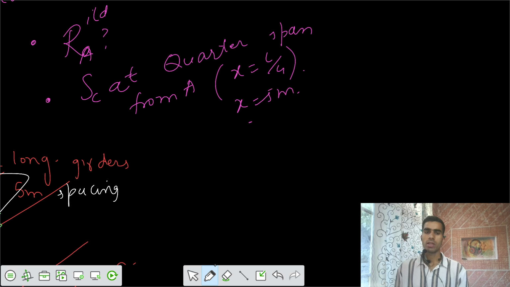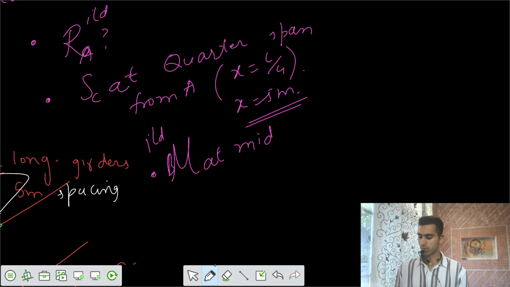That means this section where you have to get the shear is at 5 meters from one of the supports. And we also need to get the moment at mid span, that is at x equals 10 meters. So the ILD for bending moment at mid span of the long girder. So we have to get ILDs for the long girders.